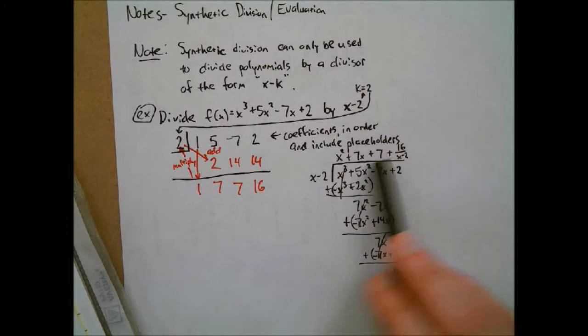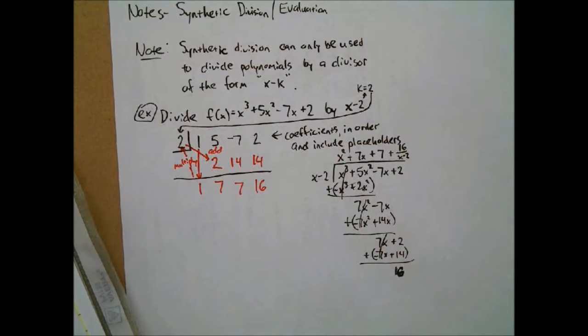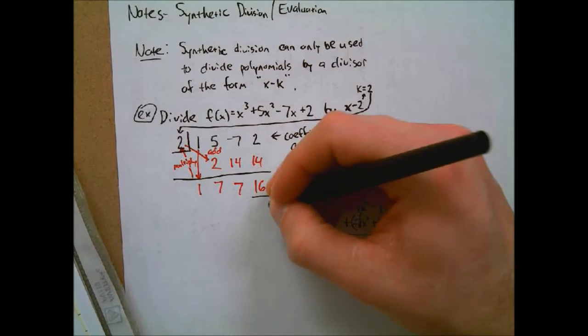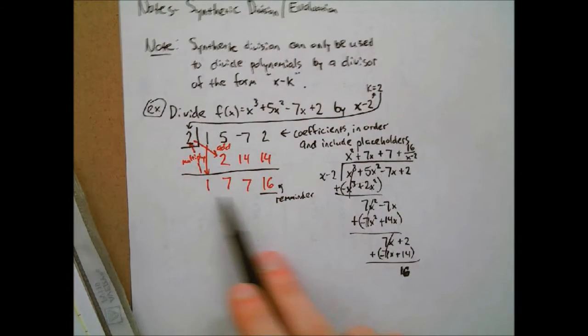And then 16, what's that? It's our remainder, and that is how it will always be. This number will always be the remainder. And then these are going to be the coefficients of our answer.